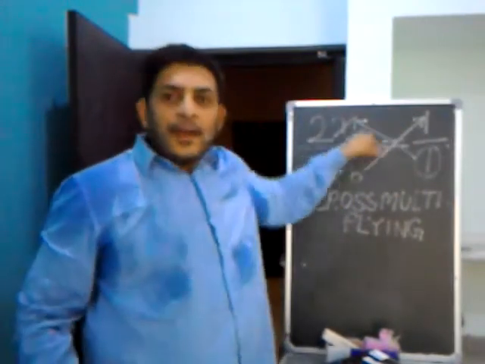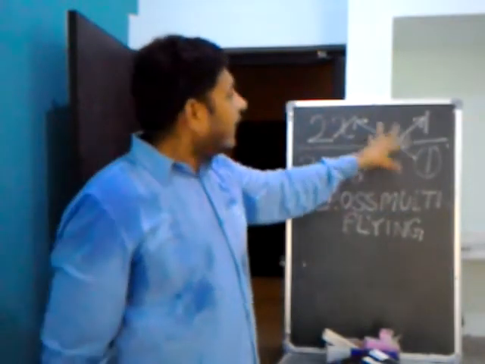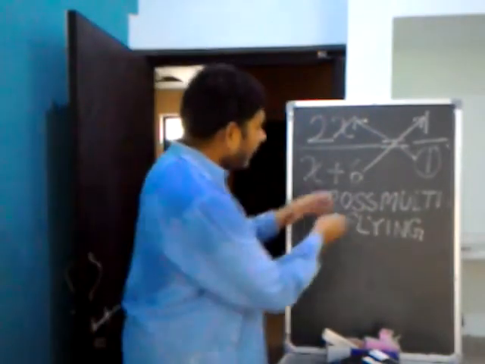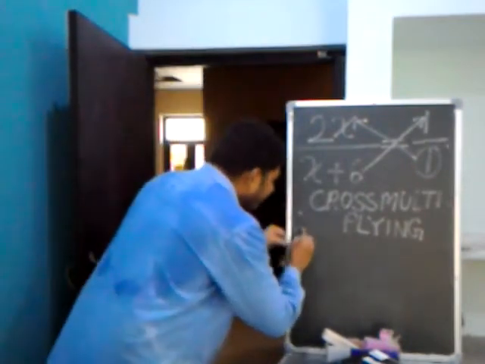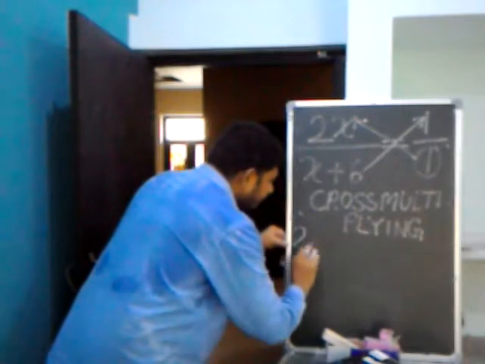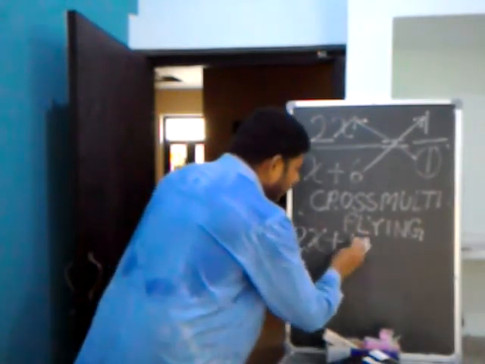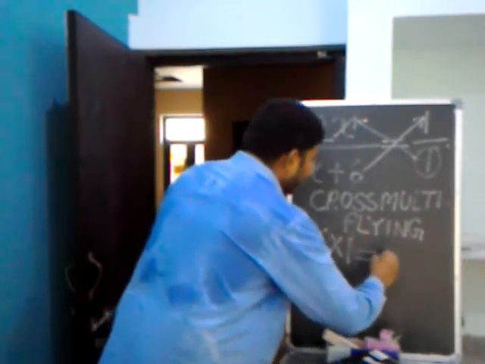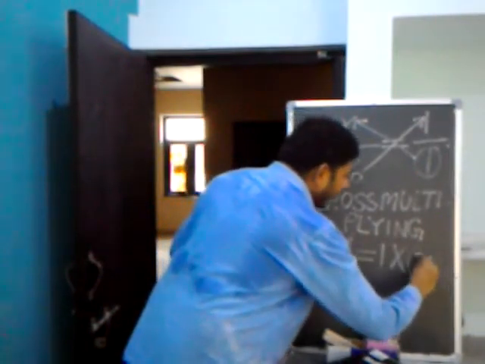That's why it is called cross multiplication. So I will write this cross multiplying, and what I did: 2x into 1, equal sign, and 1 into bracket x plus 6.